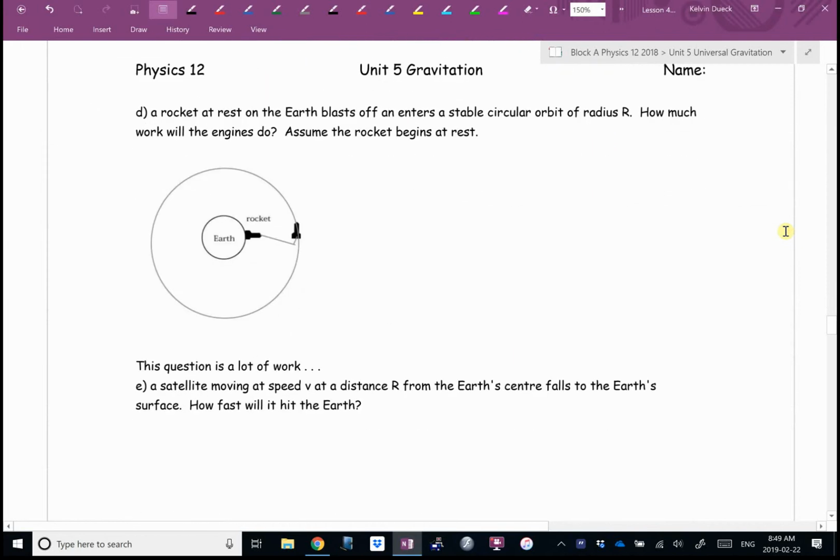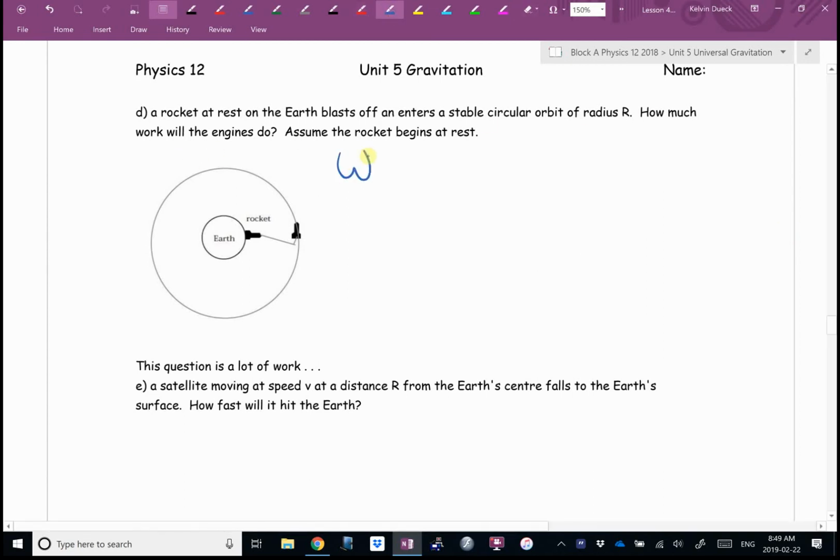What else can we do? Victor, are we in orbit in D? As soon as I'm in orbit, I have the handy-dandy gravity is what's pulling me in a circle. Here, how much work will the engines do?